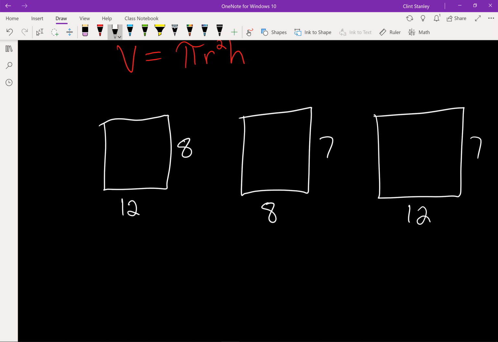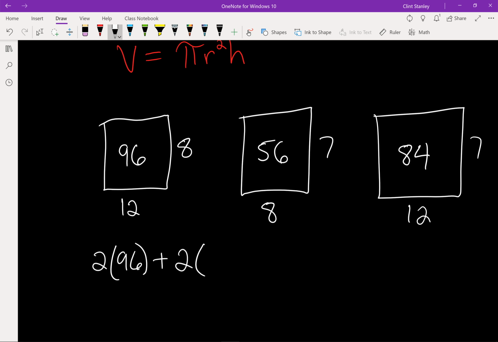So if we do 12 times 8, that's 96. Do 8 times 7, that's 56. And if we do 12 times 7, the area of this one is 84. But we've got 2 of each one of these. So we're going to have to do 2 times 96, so maybe front and back, plus 2 times 56, so maybe left and right sides, plus 2 times 84, so top and bottom.